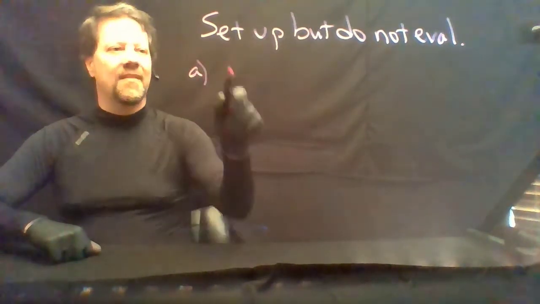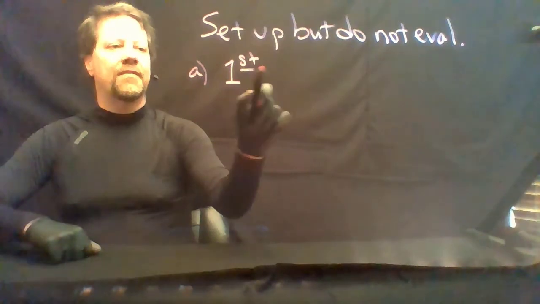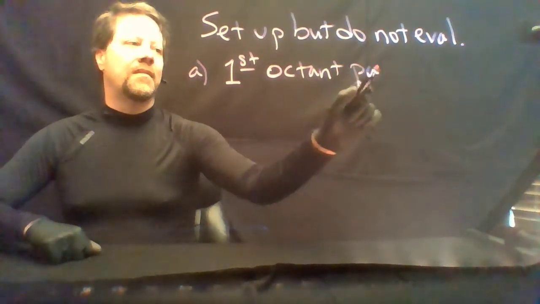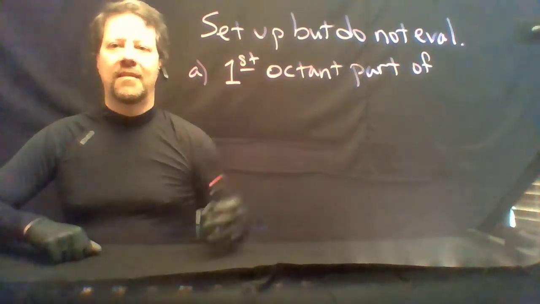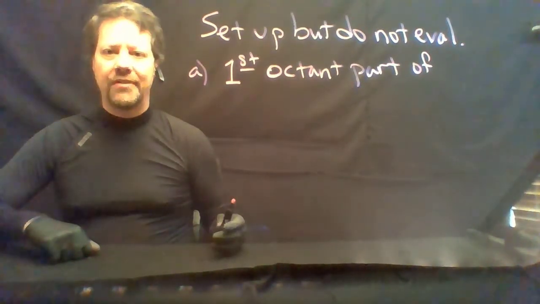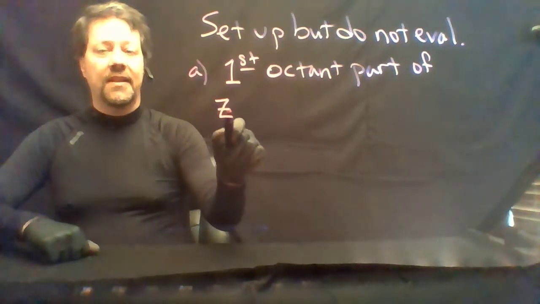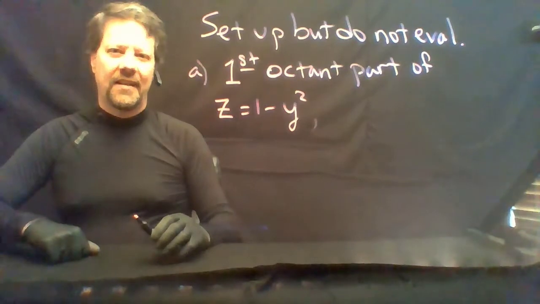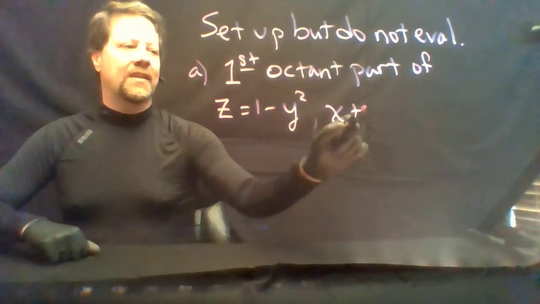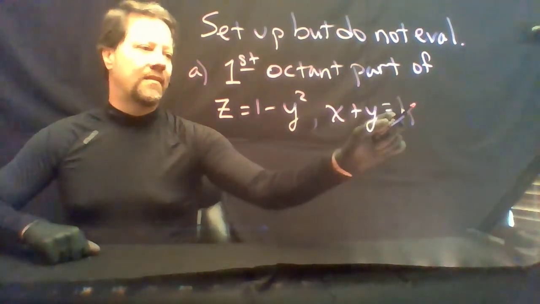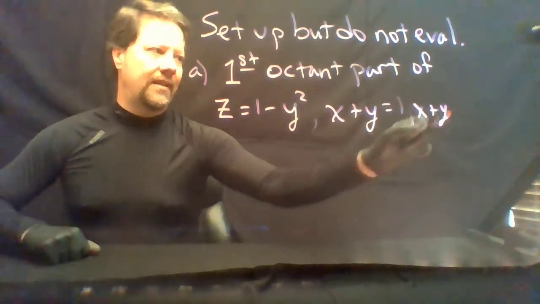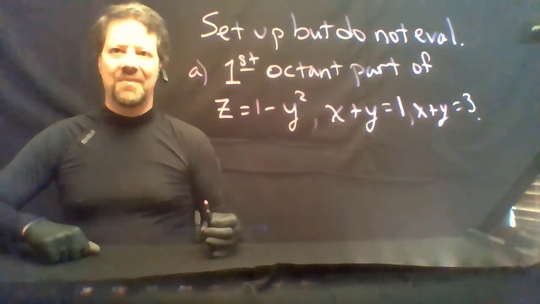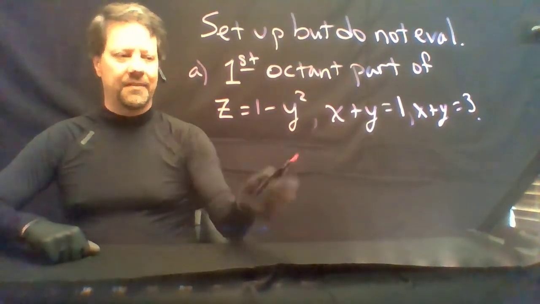First, I need the first octant part of the solid bounded by the cylinder z equals 1 minus y squared, and the planes x plus y equals 1, x plus y equals 3. So the first octant part.